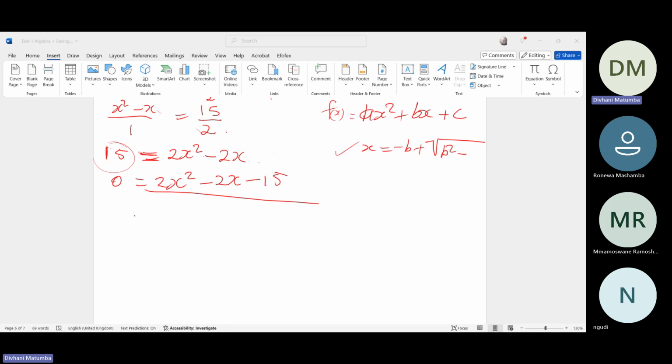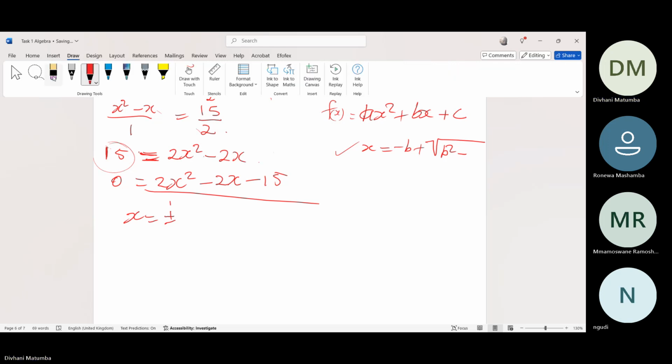Then why not solve for x now using your quadratic formula? So we're gonna have x equals minus b plus or minus the square root of b squared minus 4ac, all over 2a.